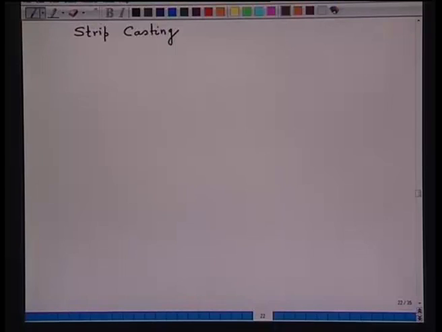So, at present stainless steel strips are cast successfully, though attempts are also being made to cast carbon steel strips.